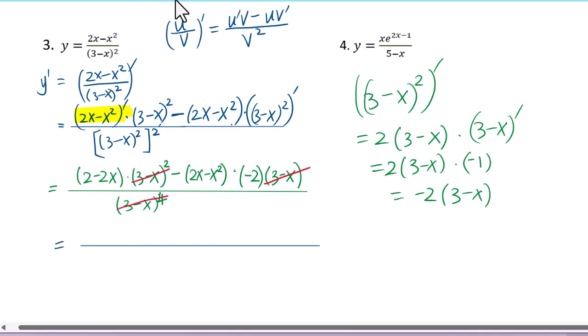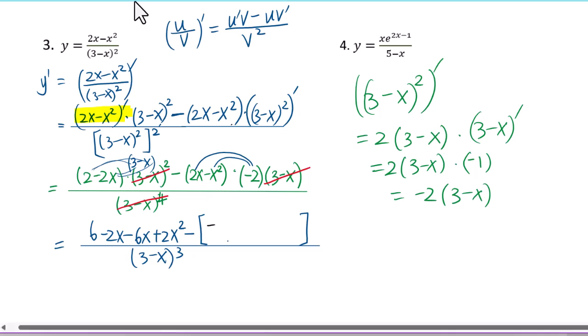Equals denominator 3 minus x to the third power. Numerator 3 minus x left. Then do the FOIL. 6 minus 2x minus 6x plus 2x squared. Minus. Whenever you see minus, you need to put a parenthesis or bracket. This negative 2, we will do the distributive property.